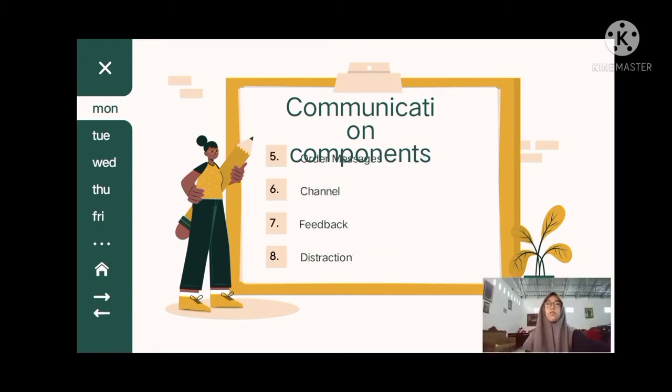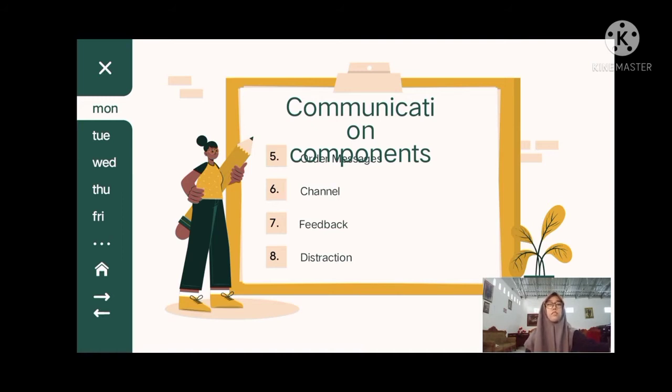And the fifth is order message are not always in a spoken or written in verbal, but it can be in the form of non-verbal. For examples, the clothes that we wear. The sixth is channel.